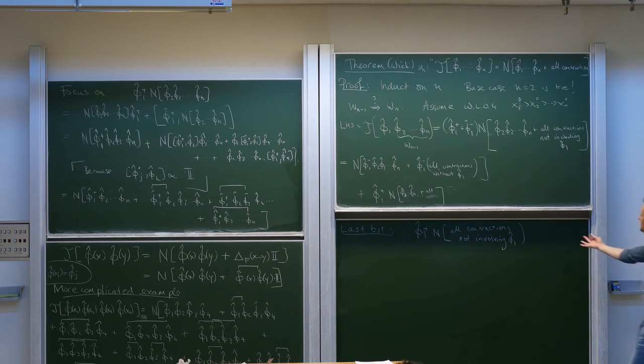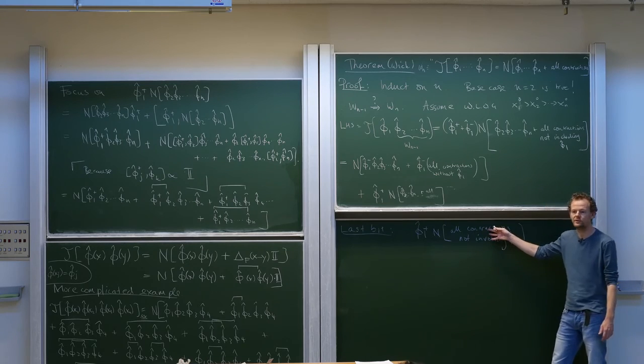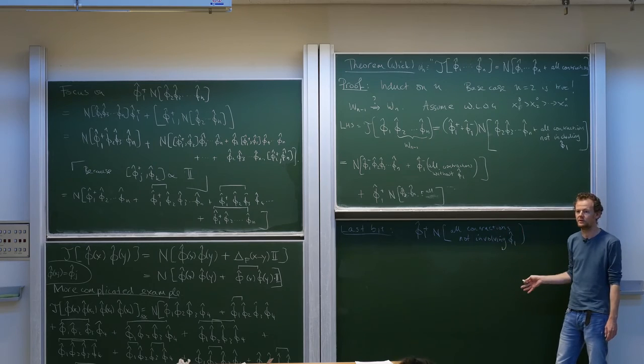So what's this going to consist of? This is just going to consist of products of field operators multiplied by some number of these Feynman propagators.